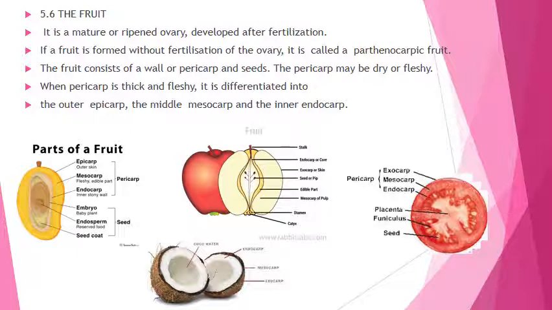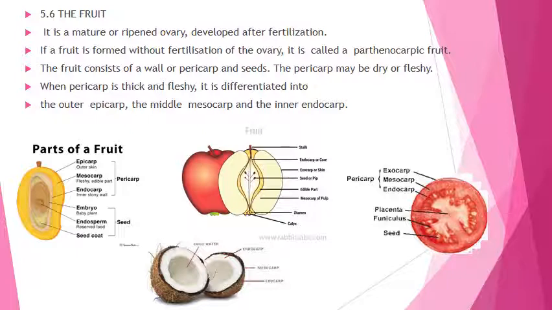In the apple, the outer layer you might have seen is the epicarp. Then the mesocarp we eat, and the seeds are found in the endocarp. This part, the endocarp along with the seeds, and the stalk, we remove while we eat the fruit.